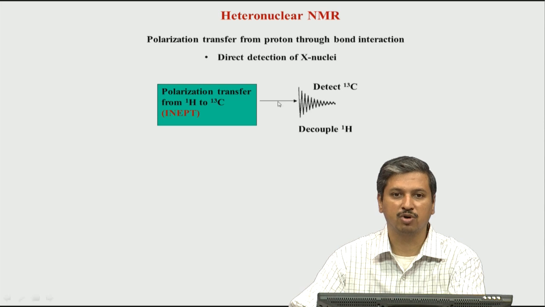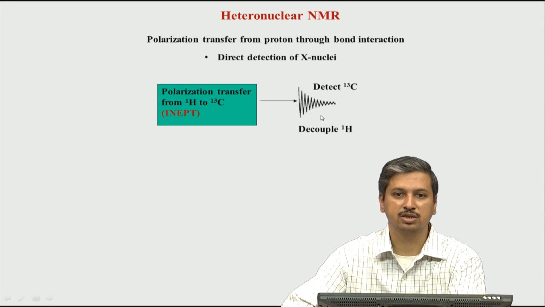So, this is one scheme of transferring the polarization. Now, if you see here, we are also writing that you have to decouple proton when the carbon is acquired. Why is that so? Remember, whenever we acquire a carbon spectrum, we saw earlier that it is J coupled to the directly attached hydrogen. So, when I detect carbon, I should apply decoupling on protons to remove the J coupling, and therefore, instead of coming as doublets, the peaks will come as singlets.